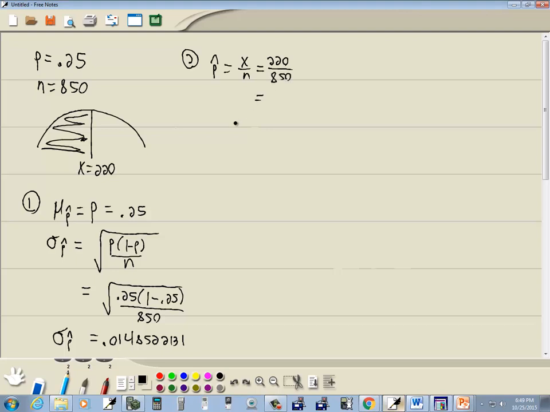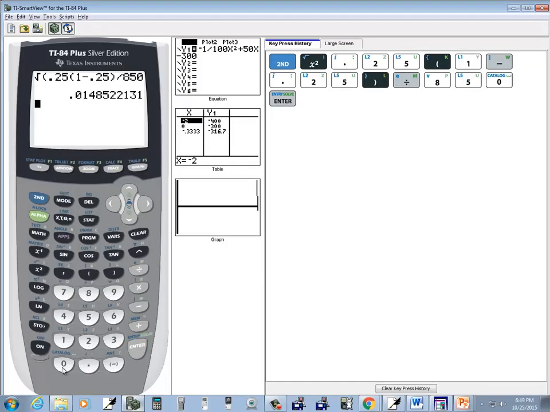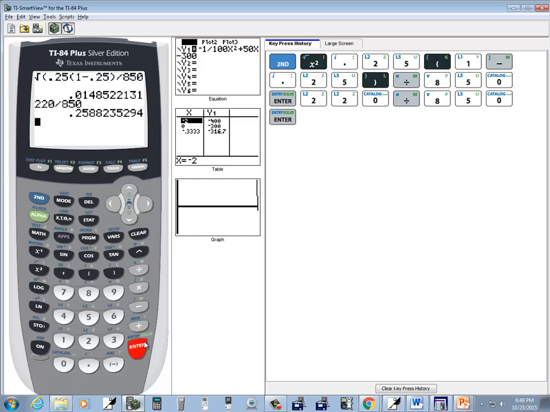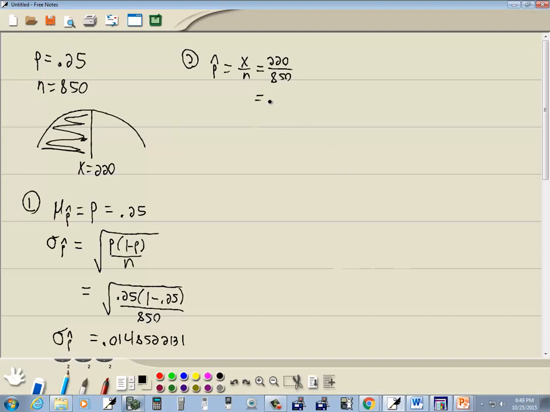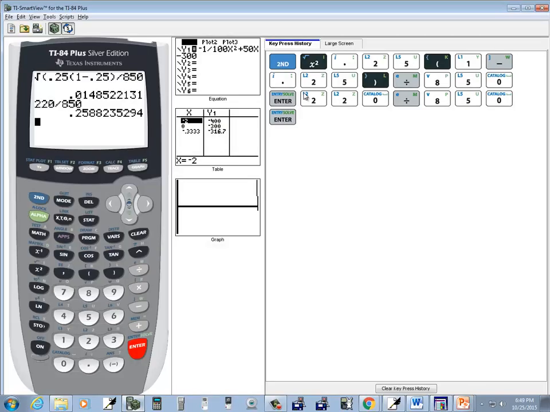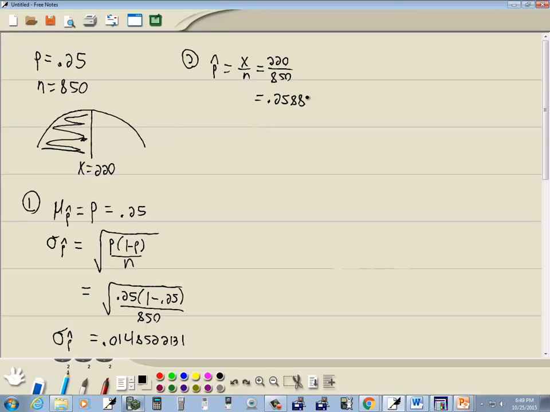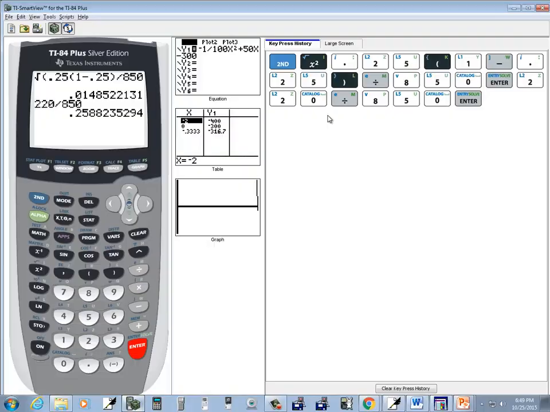So 220 divided by 850 gives us this value right here, 0.2588235294.